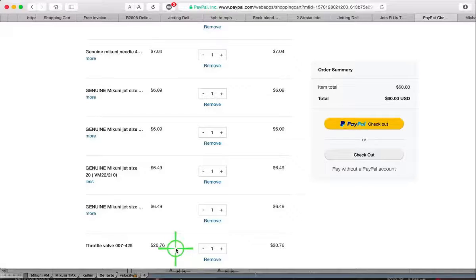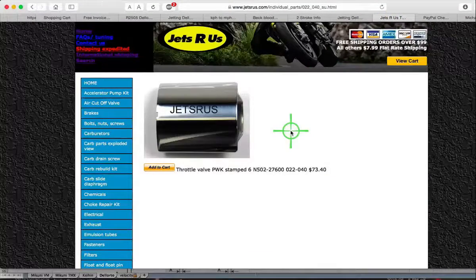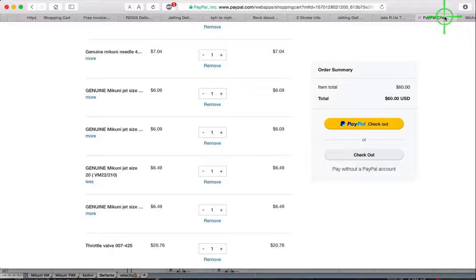It's almost $21. Look what it is for a Keihin PWK, $73. So it saves you a lot of money. It saves you a lot of headache. It saves you a lot of trial and error.